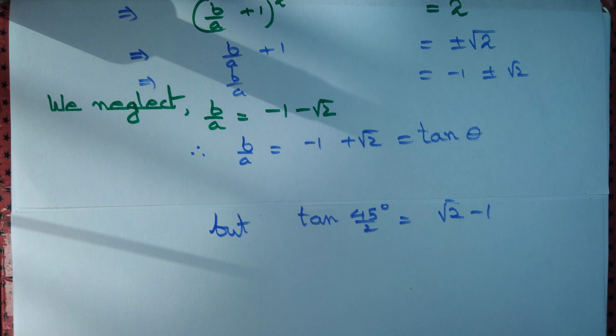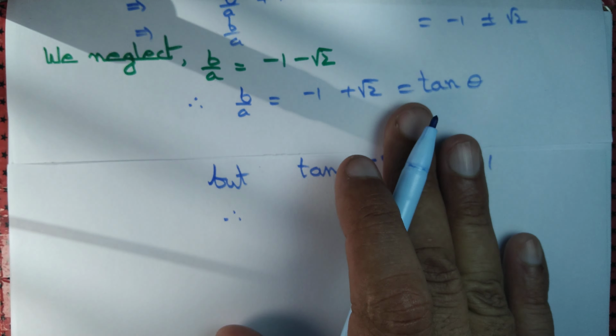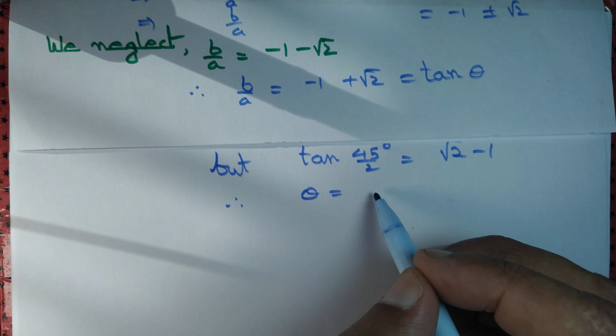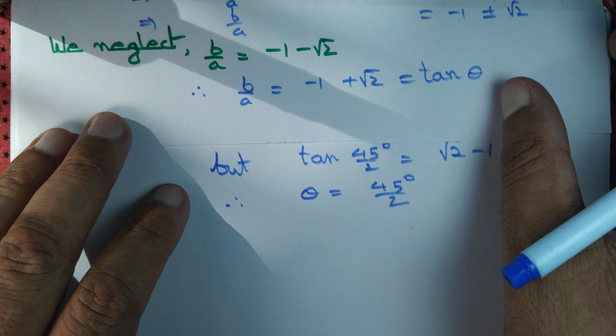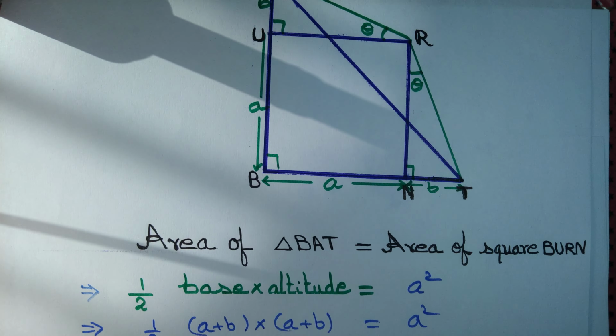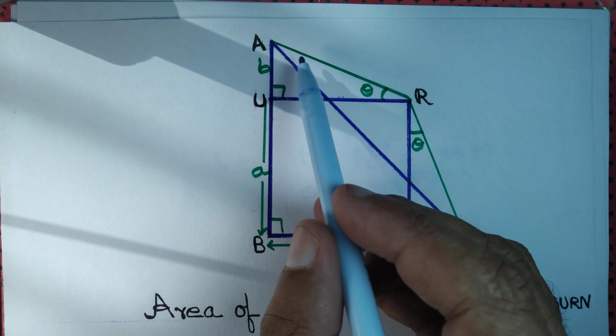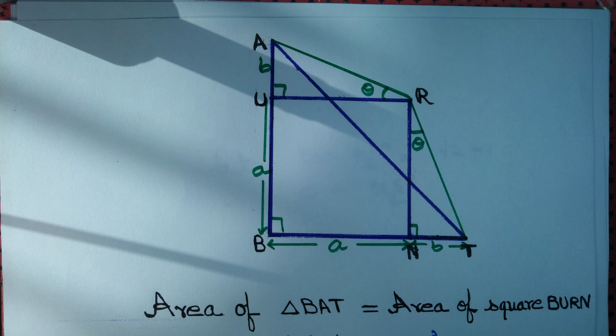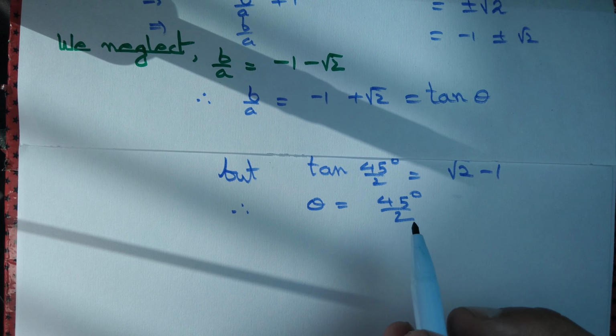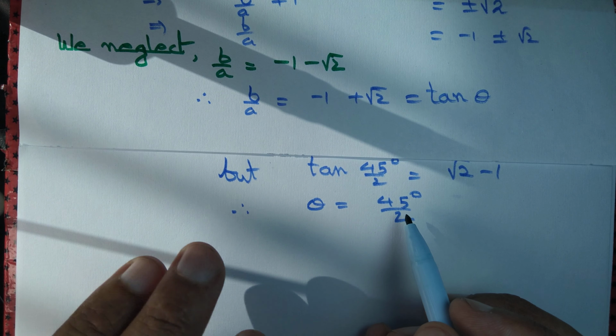If you are aware of it, well and good. Therefore, theta equal to 45 degree by 2. Now what can you say about angle ART? Angle ART, therefore theta equal to 45 degree by 2.